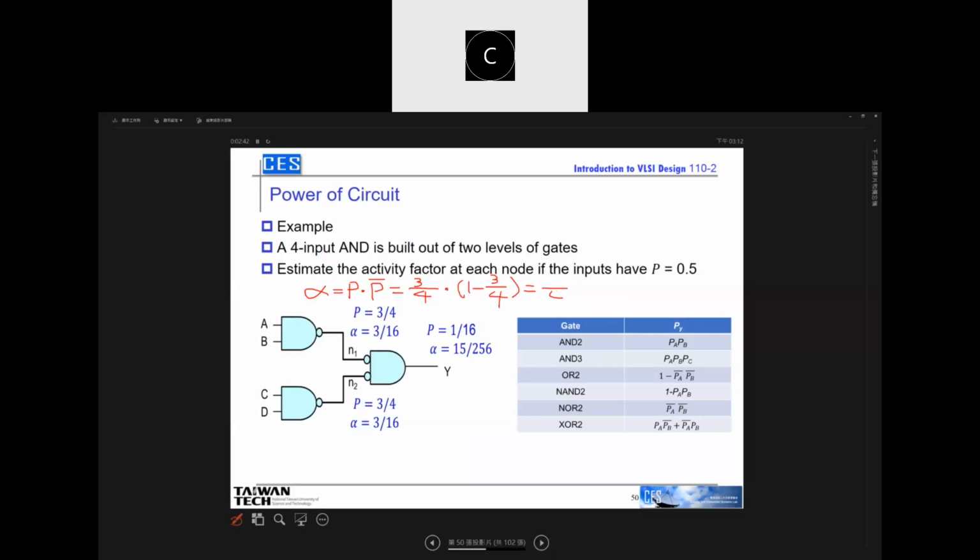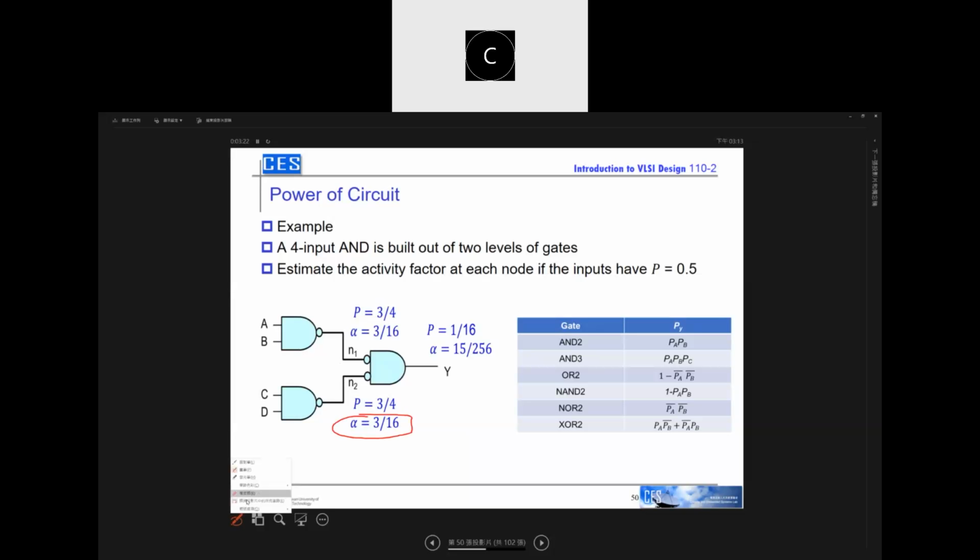So equals 3/4 times 1 minus 3/4, which is 3/16. So that's how you get this alpha here. Okay, make sense? Similarly, we have this 16/3 here. Now you know the alpha and the P for this.